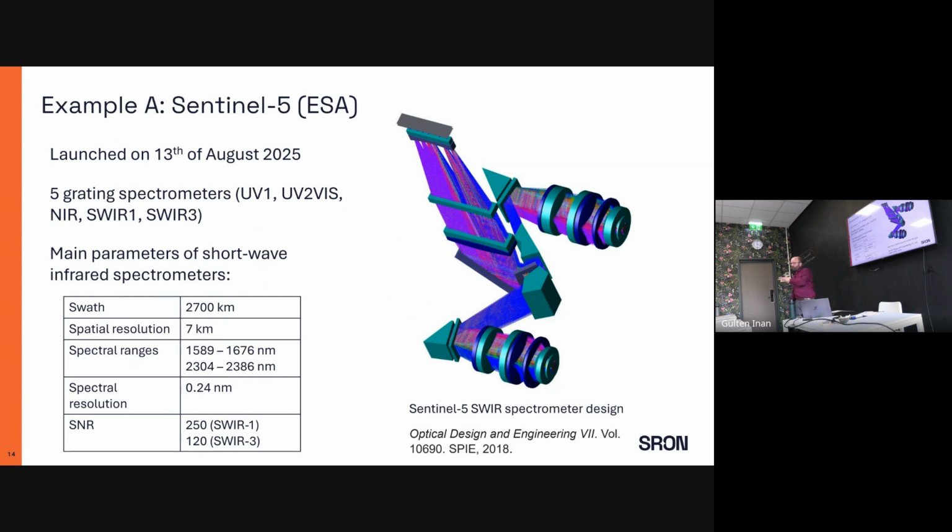But it has a much better spectral resolution, about 0.2 nanometers. That's much better compared to the 30 or 60 or 20 nanometers for the bandpass imagers. SNR is still quite solid: 250 in the SWIR 1 range and 120 in the SWIR 3 range.